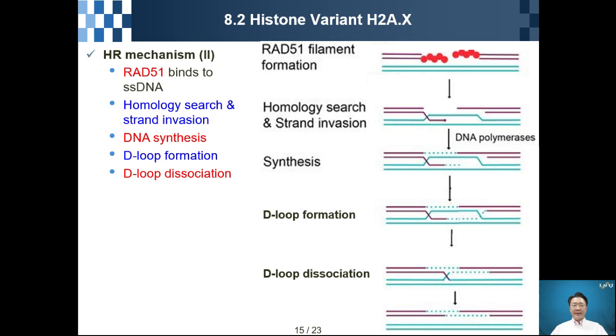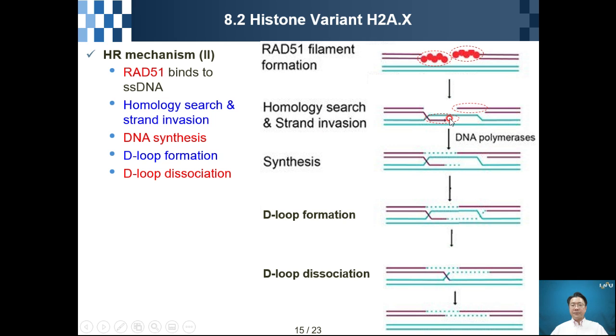In this slide, I will explain the second part of the HR mechanism. First of all, RAD51 binds to the single-stranded DNA. After that, it does a homology search, and especially this one does strand invasion.